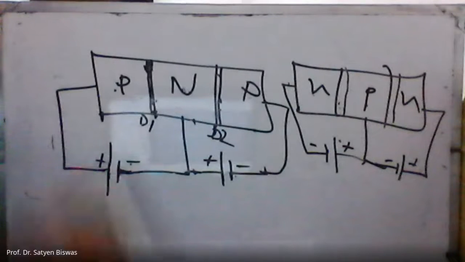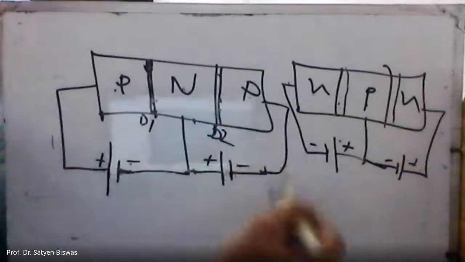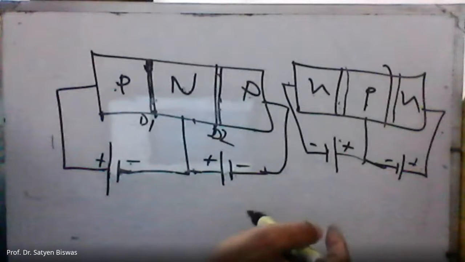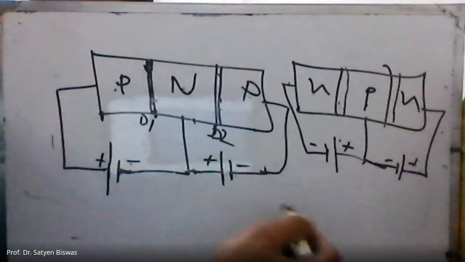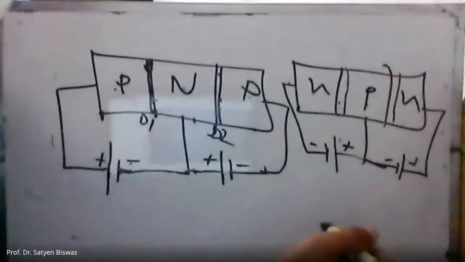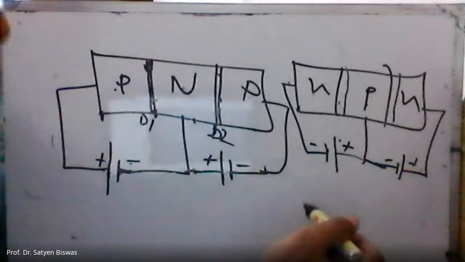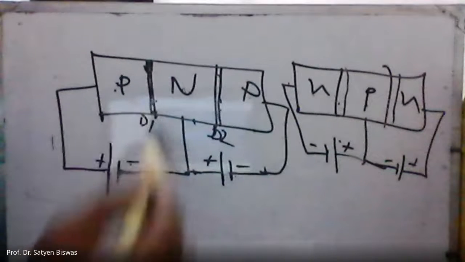Now look at the current. We already mentioned that the reverse bias current is almost zero, right? I said it is zero, but actually it is not zero. A very negligible current actually flows because of the reverse bias and the leakage. But in forward bias, there is a lot of current, right?